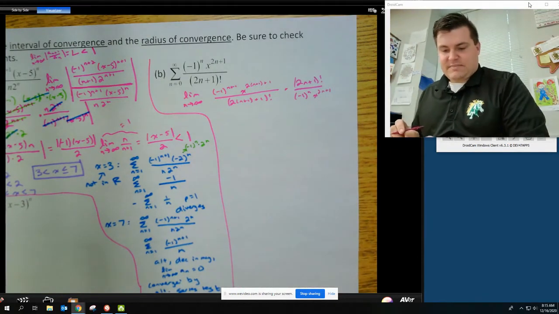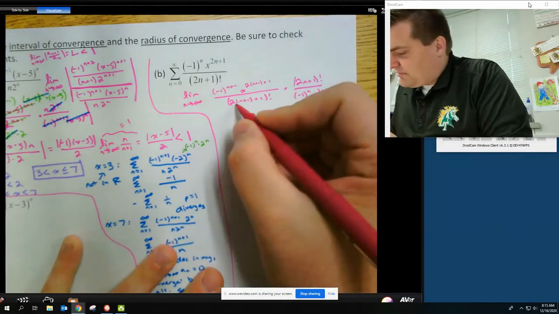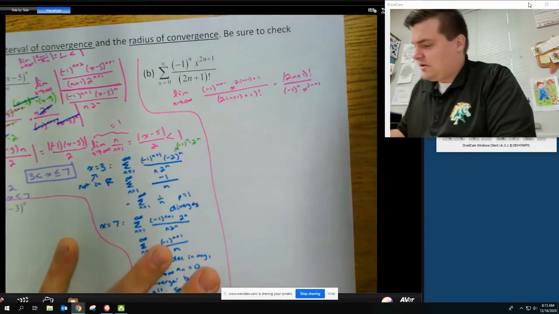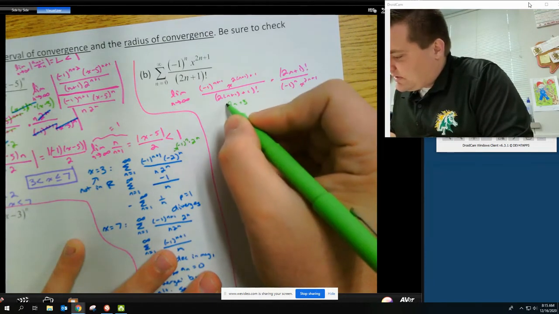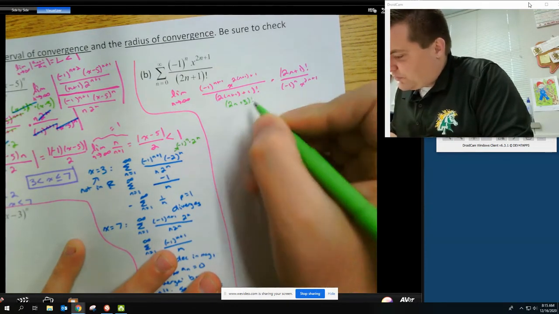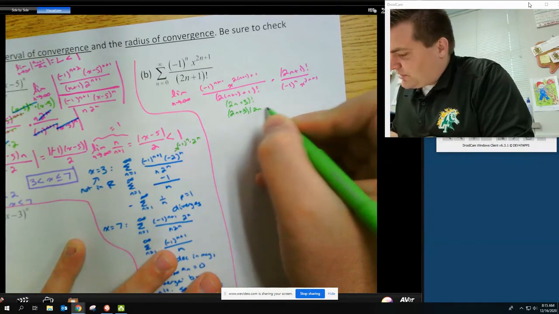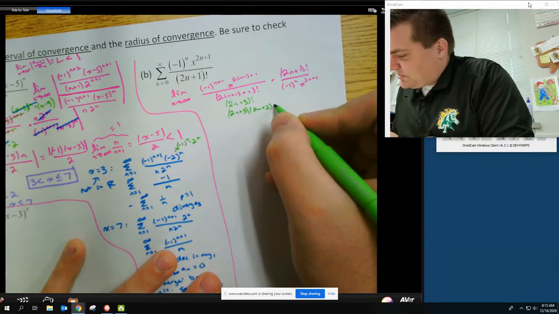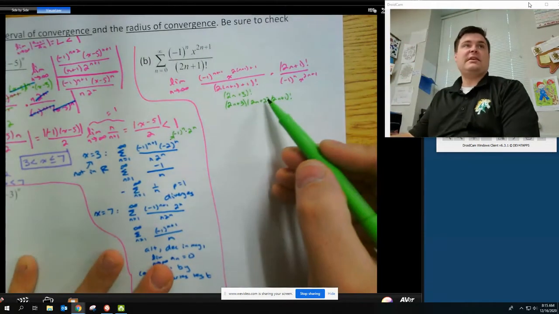All right, so what's going to end up happening here is we get some cancellations, because this is going to end up becoming, in green, 2n plus 3 factorial, which is really 2n plus 3 times 2n plus 2 times 2n plus 1 factorial. So that's going to end up canceling with that.